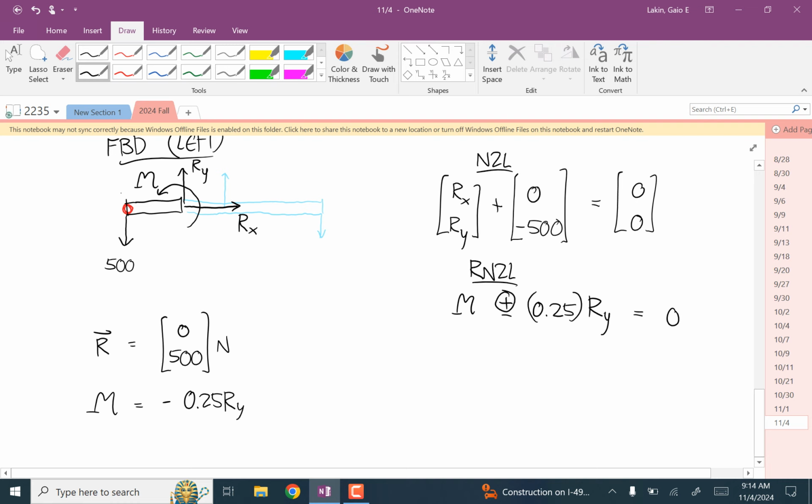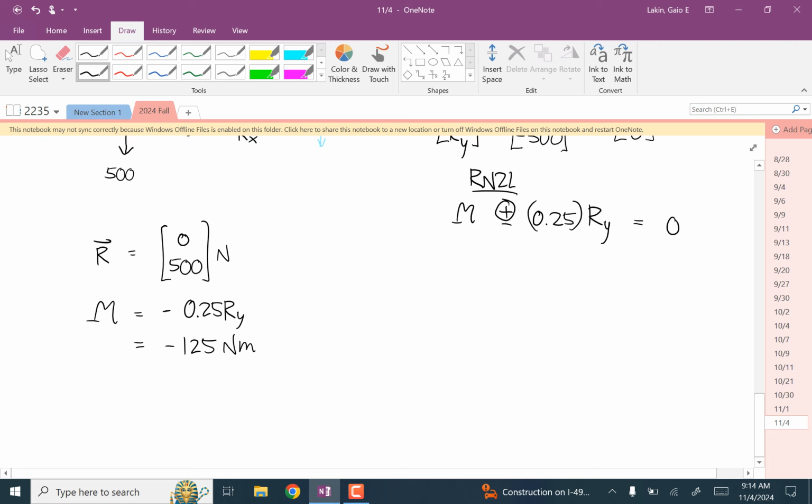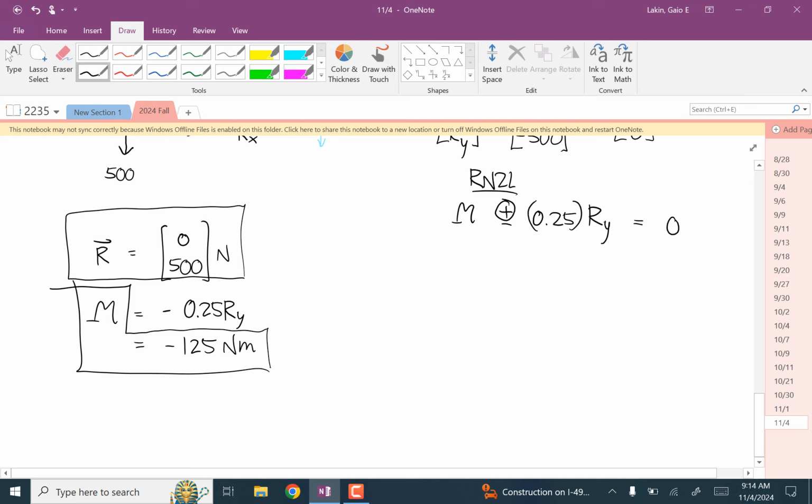We already calculated Ry, so this is equal to negative 125 Newton meters. And then if you knew some stuff about that material, its strength and stuff, these loads would tell you whether you're concerned about that breaking at that spot along the beam.